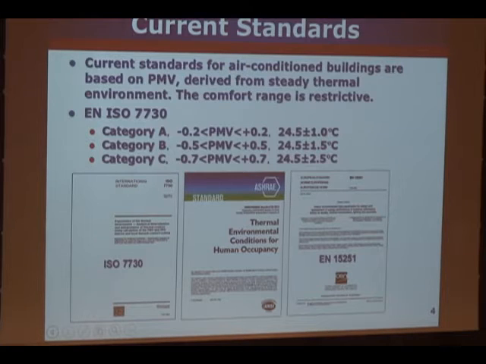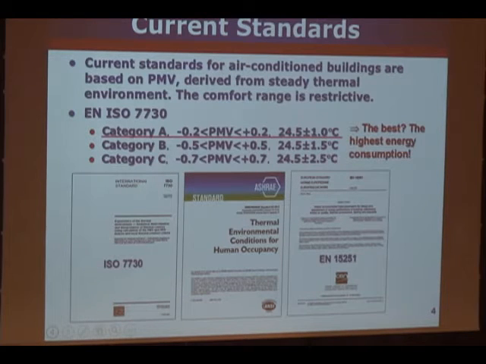For example, in ISO 7730, the smaller the variation, the better the thermal environment. The problem is, is it really the best? But anyway, the highest class thermal environment will consume more energy. This has been confirmed.